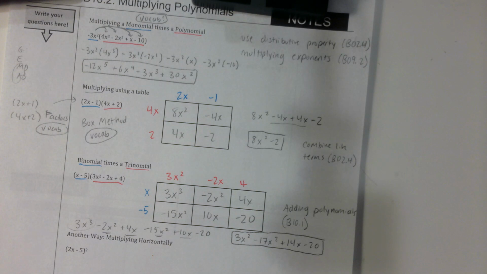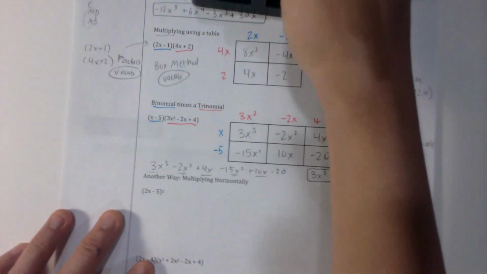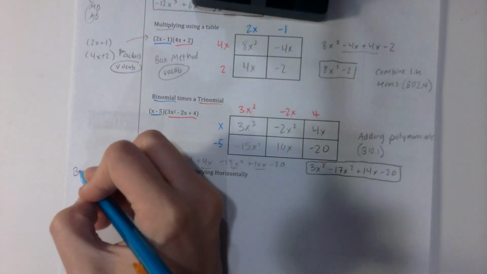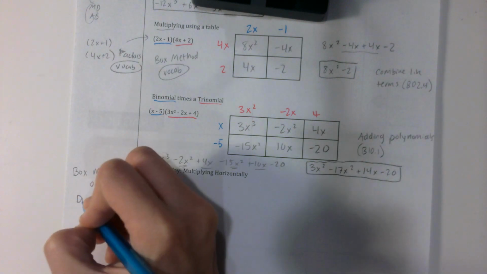Okay, and then another way. We have the box method is one way, and the other way is the distributive property. So I'm just going to put this over here. We have box method or distribute.